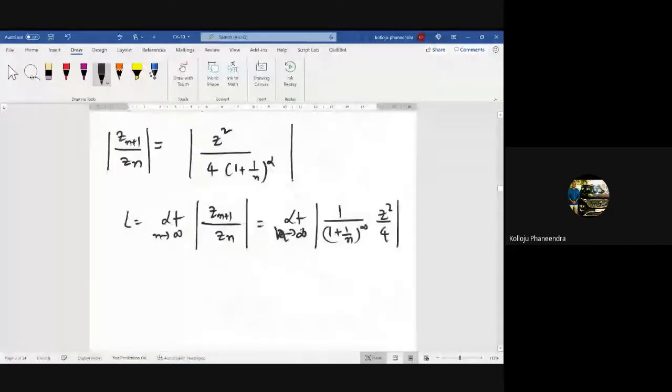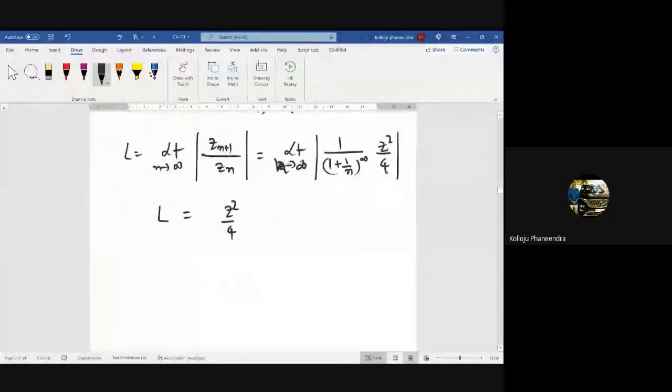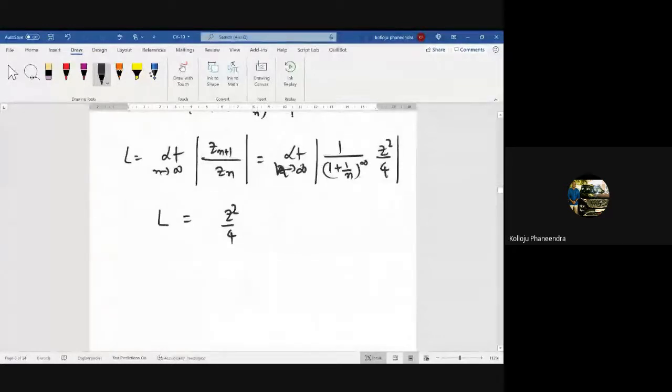Done, right? So I will get mod z square by 4 only, the L value. Got it, right? Then what is the convergence?